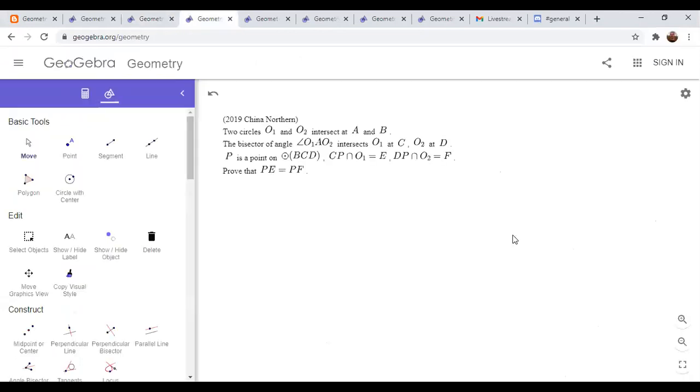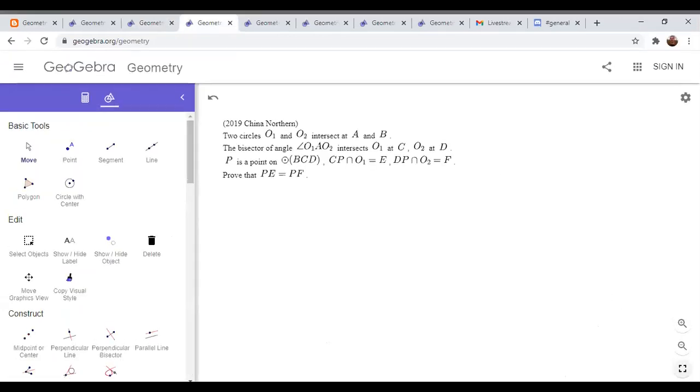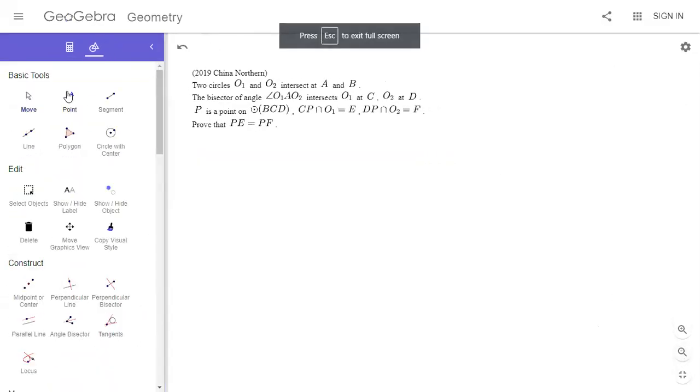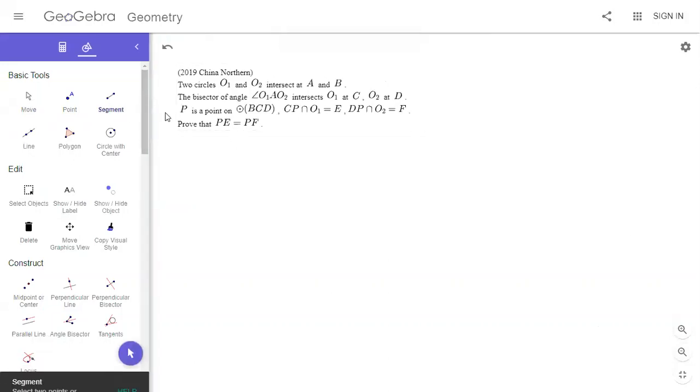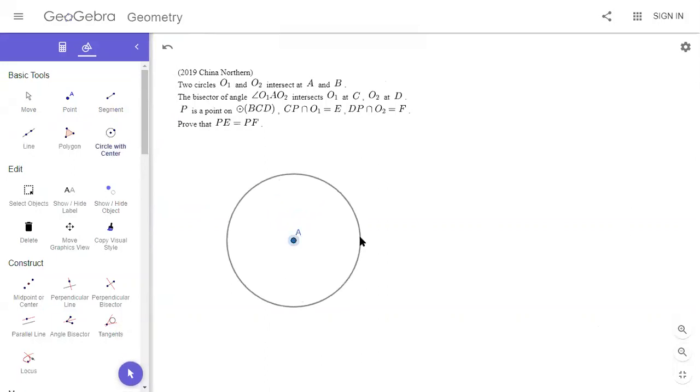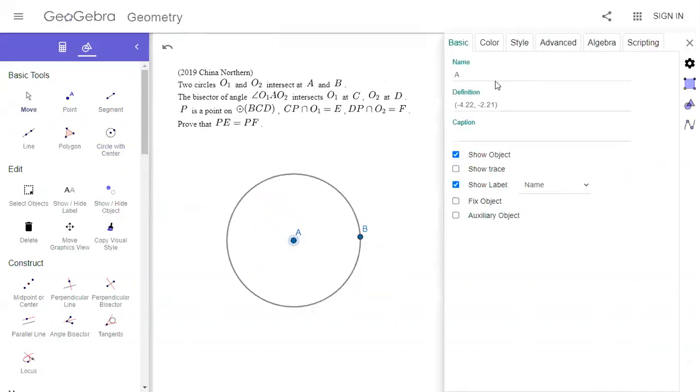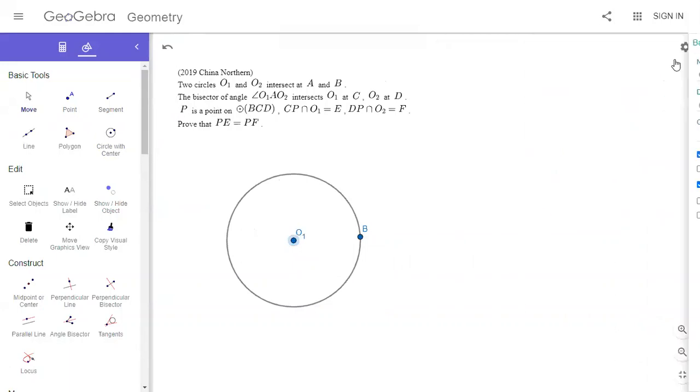Let's see. Yeah, this Olympiad doesn't seem the hardest. I thought because it was China, maybe it would be a harder one, but I think this China Northern is probably not as hard. So here we have a 2 circles problem. So yeah, I feel like I should probably do more of these 2 circle problems on my channel.